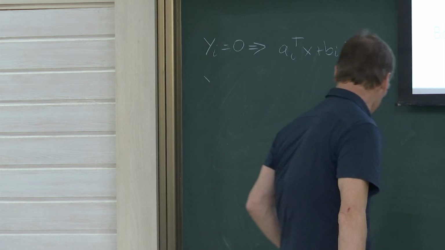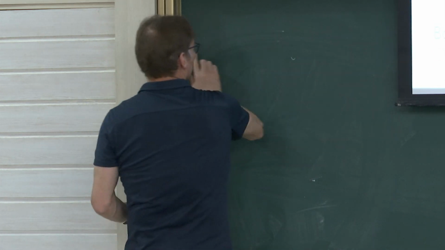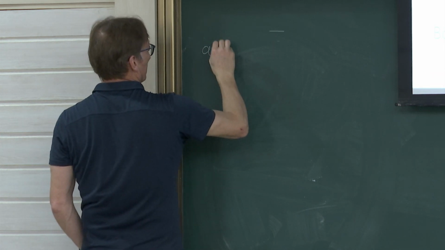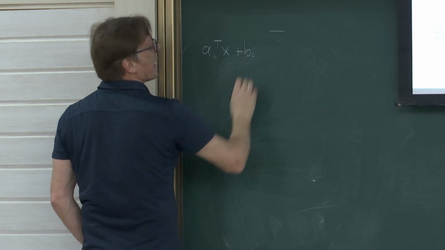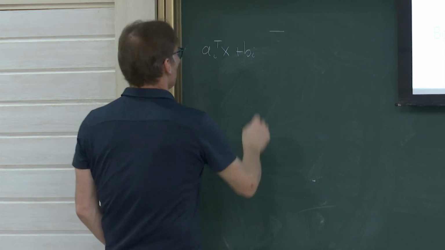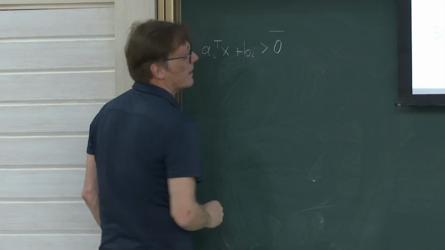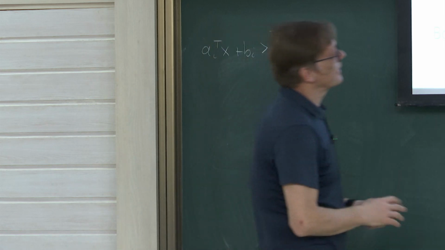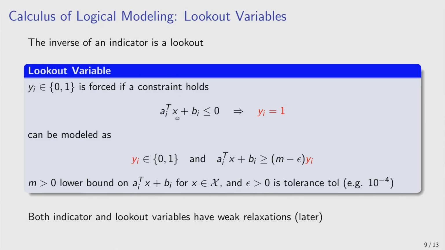Sorry, I wanted the other way around. So I'm going to look at my constraint a_i transpose x plus b_i. And if it is positive, then the only way I can make it positive is if I set y_i equal to 0, then that's not correct. So I need to make y_i equal, if it's positive, I need to make y_i equal 0.